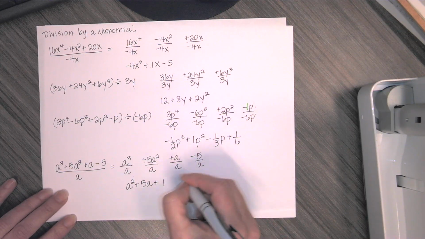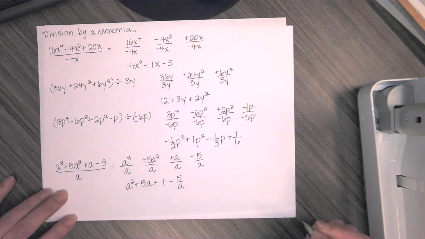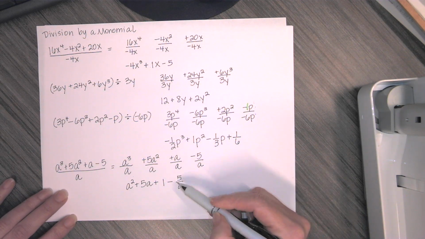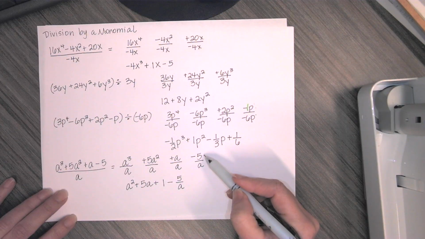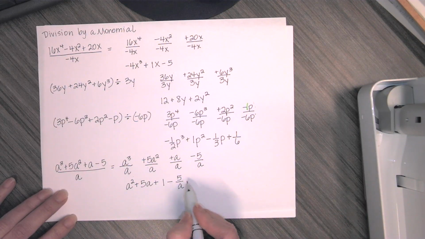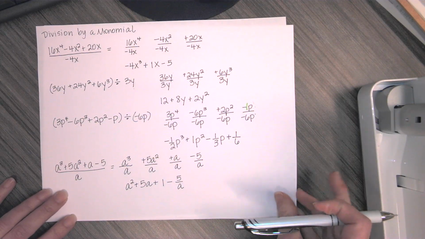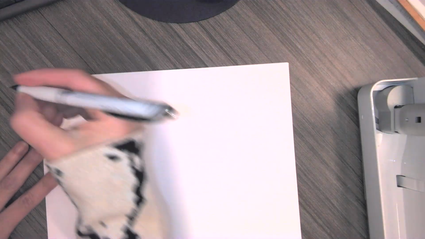And then here, we're just going to leave that as is. There's no numbered part to simplify. There's not an a on top to combine, so we will just leave that as is, and this is our final answer.